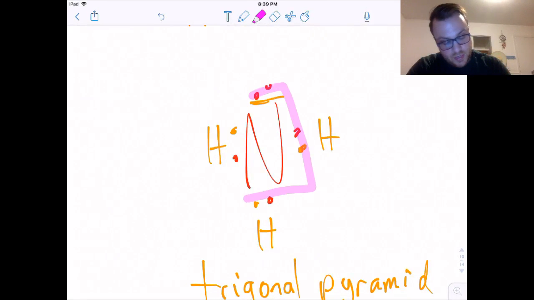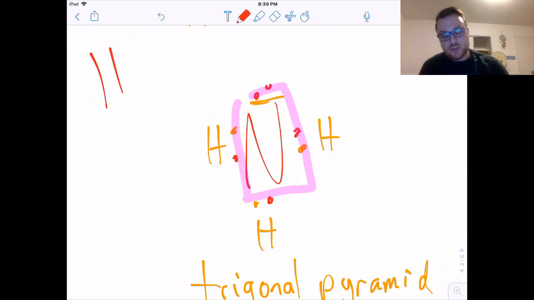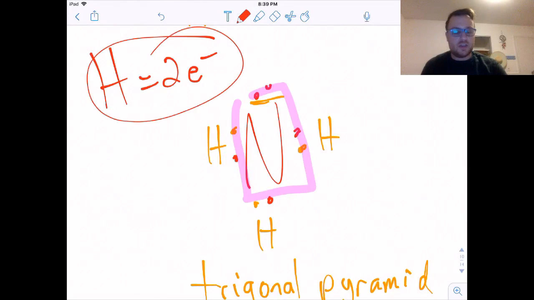Lithium's happy with 2. Beryllium's happy with 2. Helium is happy with 2. So the really small atoms are like, 2's enough. Chill. I don't need 8. Like, come on, 2 men. What are you doing? And then water here, again, 2, 4, 6, 8 on the oxygen, 2 each on the hydrogens.